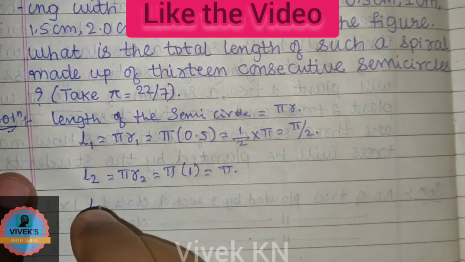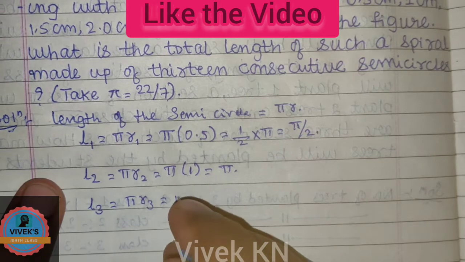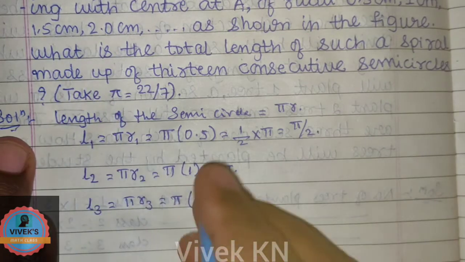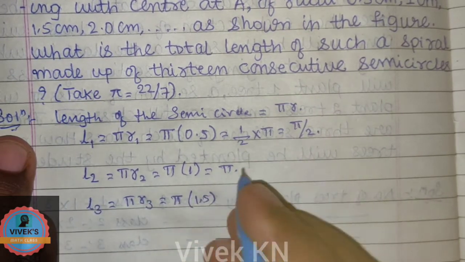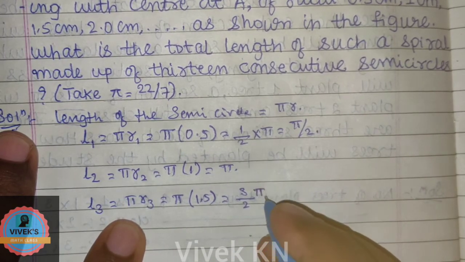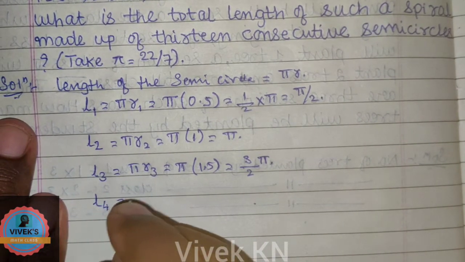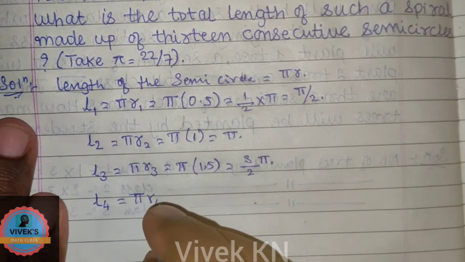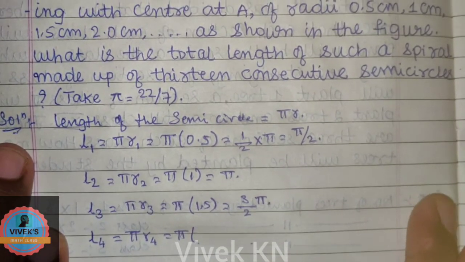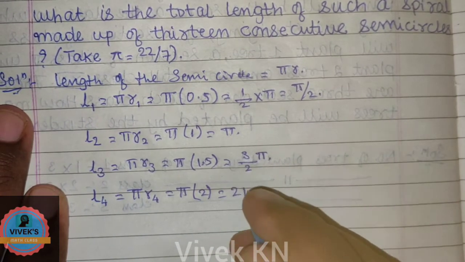Next, length of the third semicircle is given by pi into r3, that is pi into the radius of the third semicircle, 1.5. 1.5 can also be written as 3 by 2 into pi. Similarly, length of the fourth semicircle is given by pi into r4, which is pi into the radius of the fourth semicircle, 2, that is 2 pi.